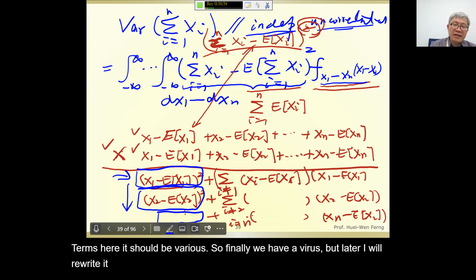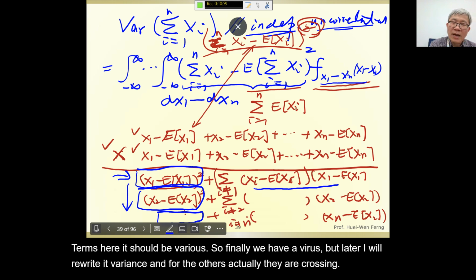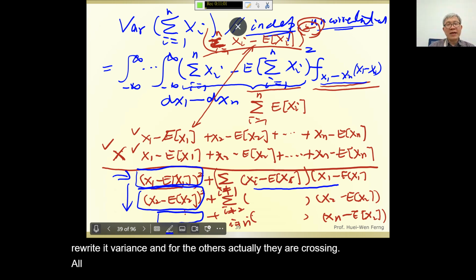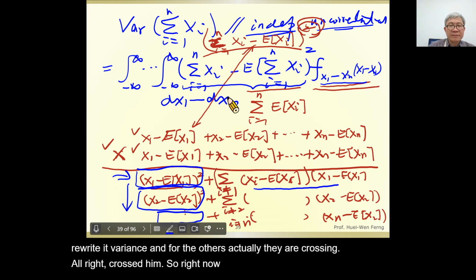And for the others, they are cross terms.